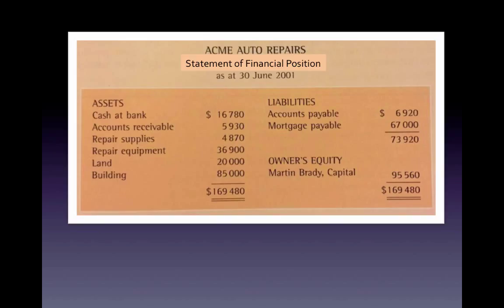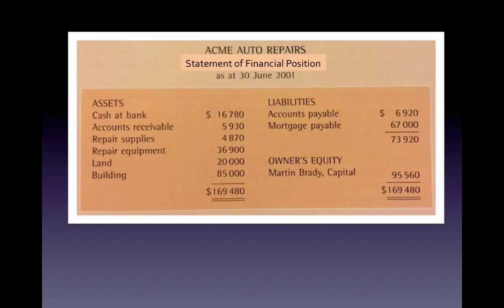It's still good enough as a resource for you. Supplies that Acme Auto needs in repairing the cars, or equipment that it needs to use to repair the cars. The land that the workshop resides in and the building that the workshop resides in, they are all resources that Acme Auto Repairs can use.